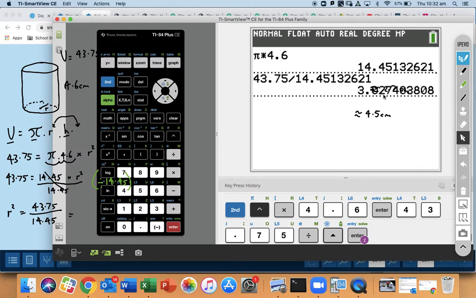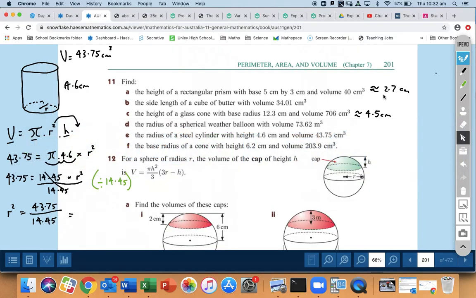So I'll go to 2 decimals, round up the 2. 3.03. And we might think that we're finished at this point, but we're not, because what we found for this question, and also it'll be the same in the next one, F, what we've actually found is the radius squared, not the radius, right?